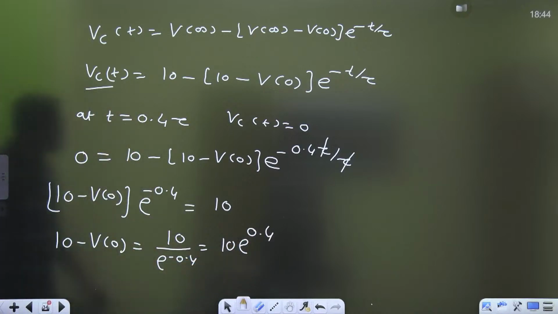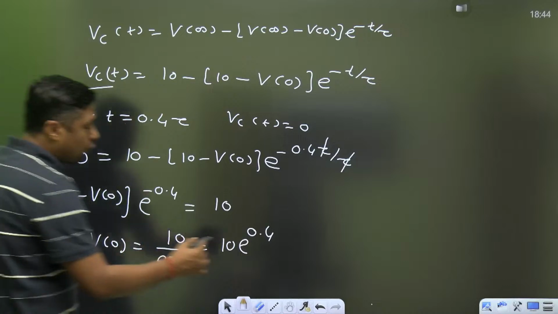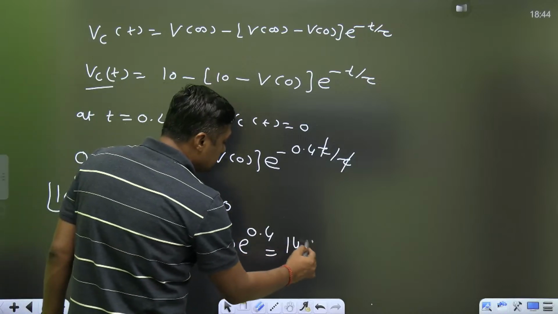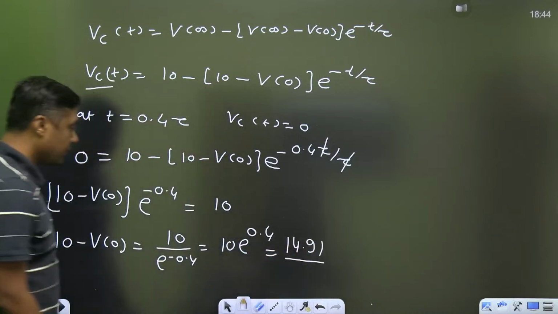Get what is the value here. So you will get 0.4 into 10, 14.91. This value is 14.91. Check my calculation.